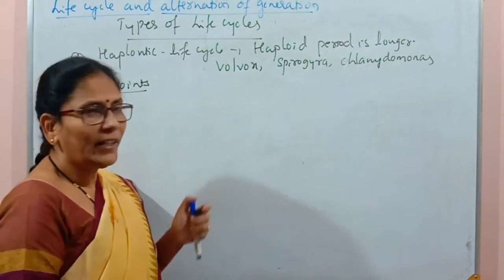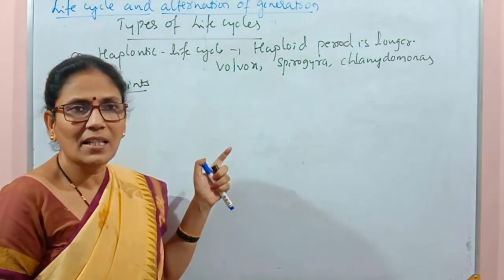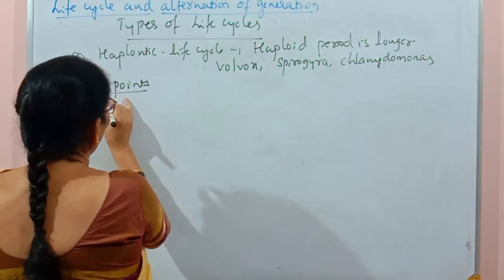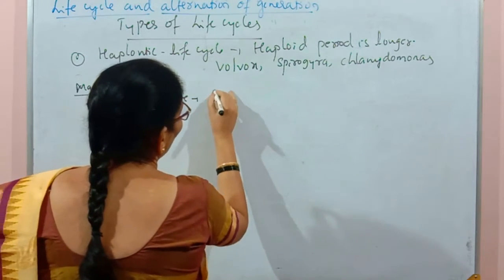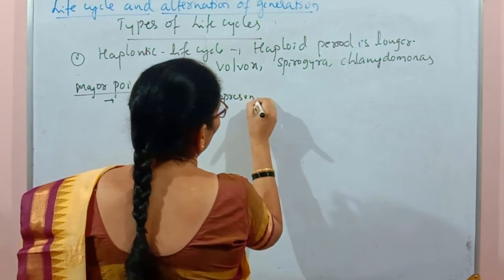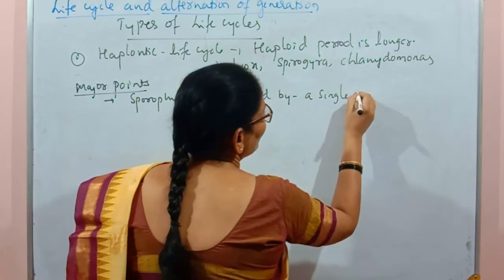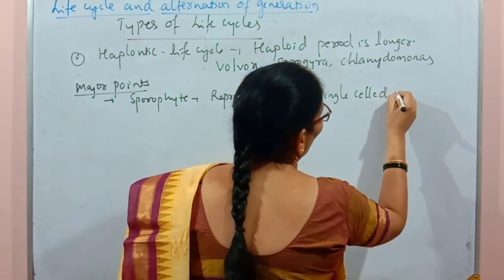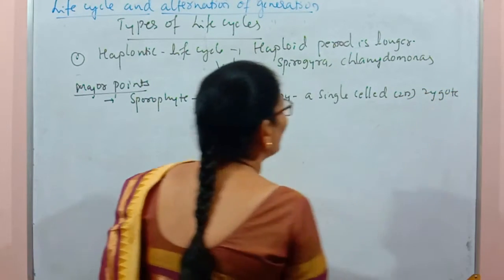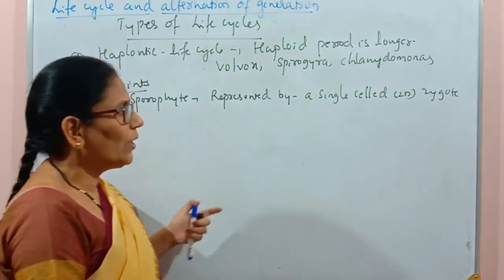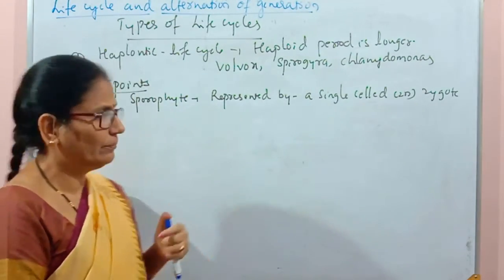The sporophytic phase is represented only by a single cell diploid zygote, which is not free living. It is depending on the gametophyte.